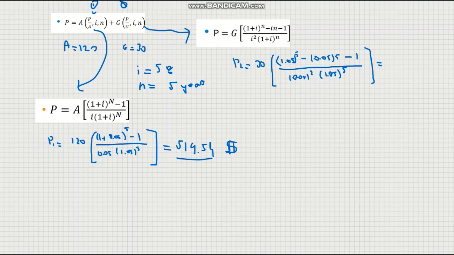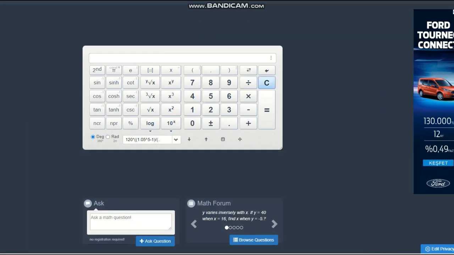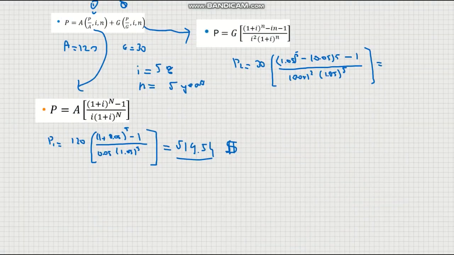Let's see the P2 term. Let's go back to our term, 30 multiplied by, again let's open one parenthesis, 1.05 to the power of 5.